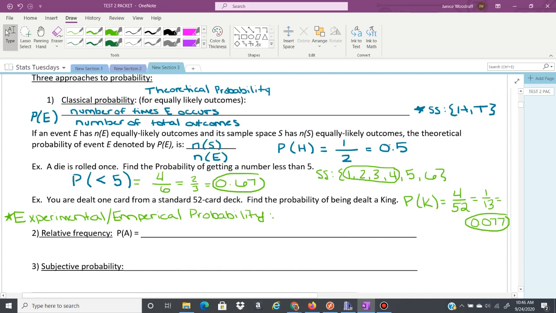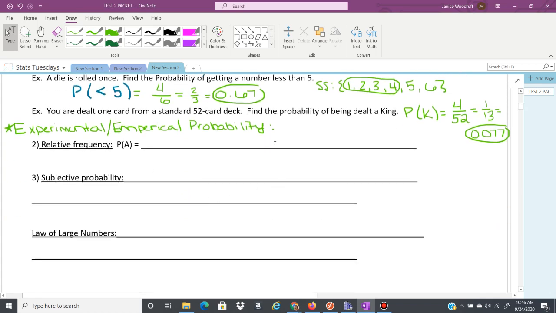So if I flip the coin 100 times, 50 times it should be heads. Most likely that's not going to happen. So the experimental probability is what actually happens once we run that experiment.